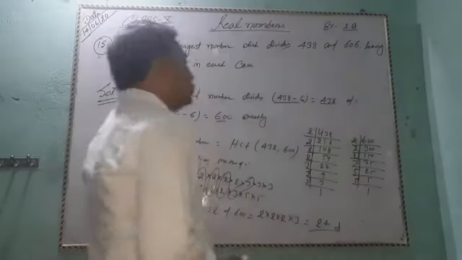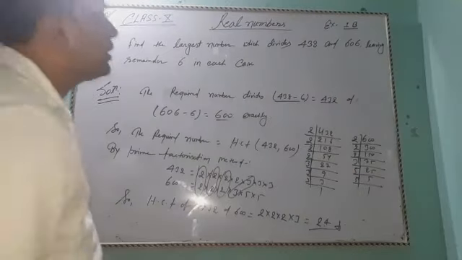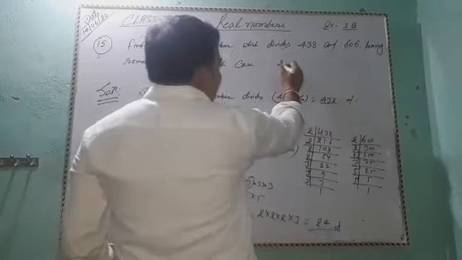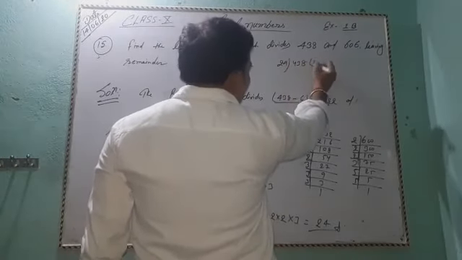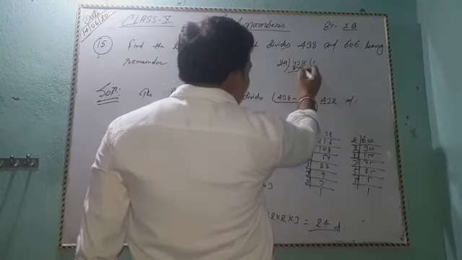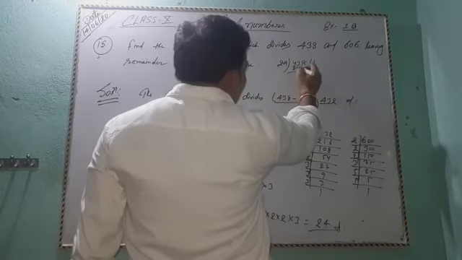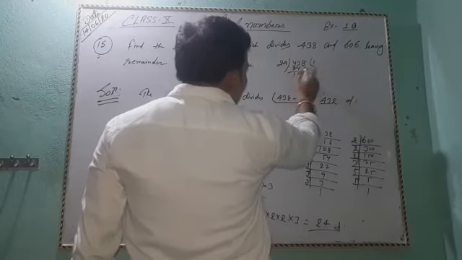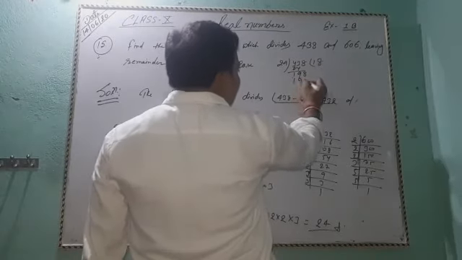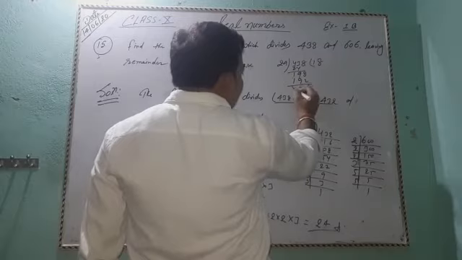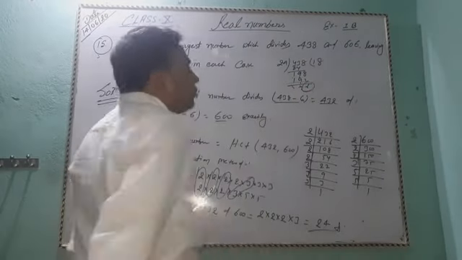Okay, so 24 divides 438: 24 times 18 is 432, the remainder is 6.